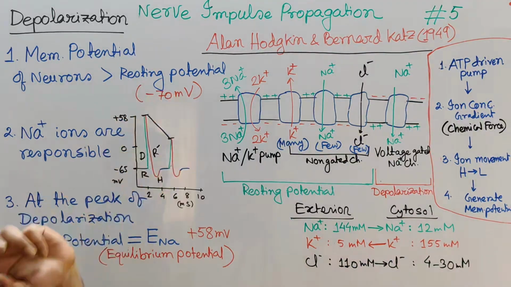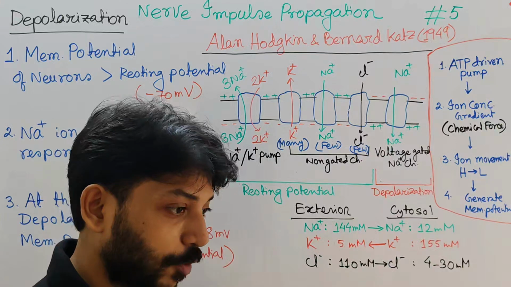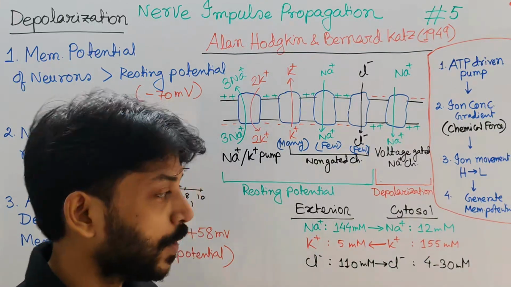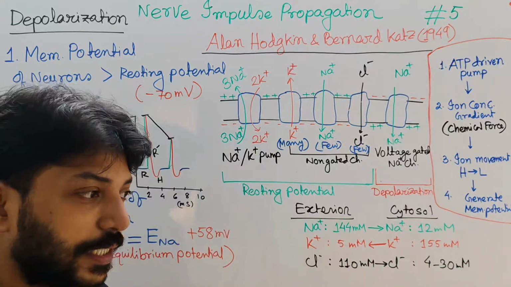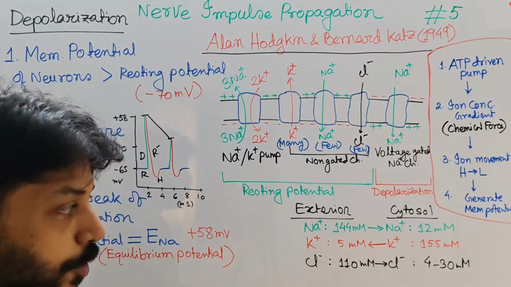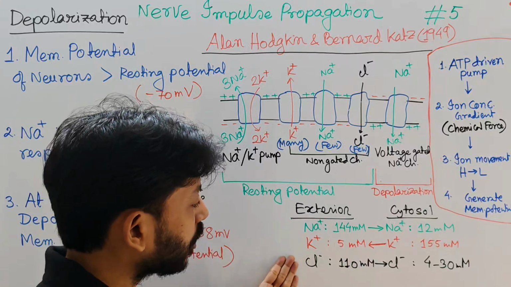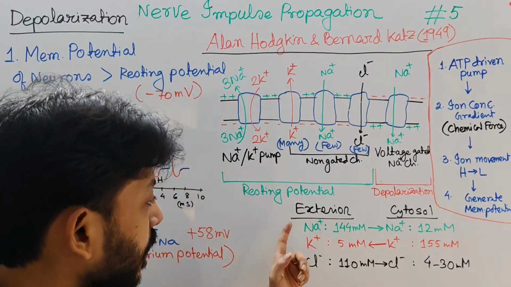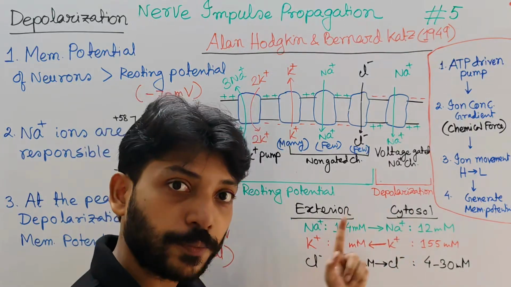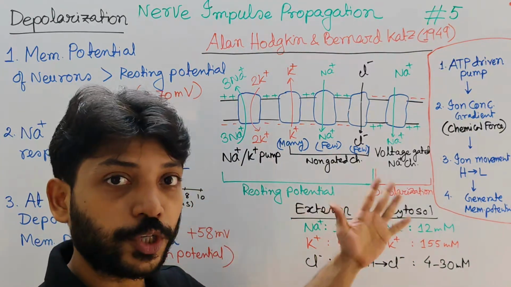Now Alan Hodgkin and Bernard Katz in 1949 took the help of the squid giant neuron, and they performed a very simple experiment. I have discussed it in my resting potential video. I want to mention here also that they changed the concentration of these three ions because they knew that there is an ion concentration difference, and they knew that due to the movement of ions this membrane potential is generated.